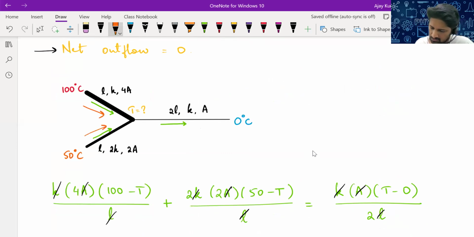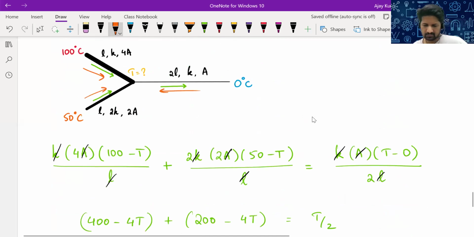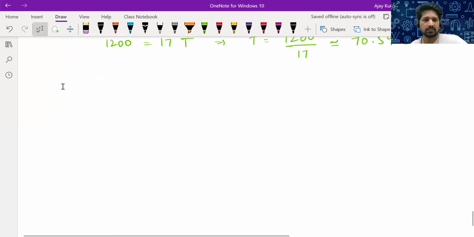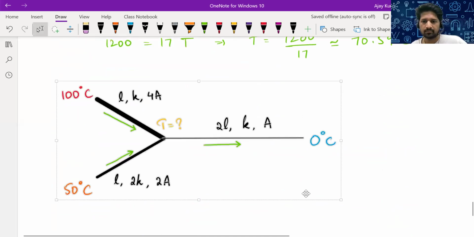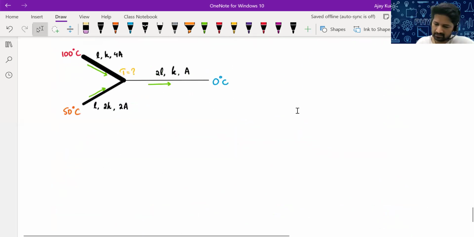Inflow here, and also inflow here. Then how should you write the equation? Net inflow is equal to 0. I'll have to copy the diagram once again. In the rod whose one end is maintained at 100 degree, this time we want to write inflow in all three.